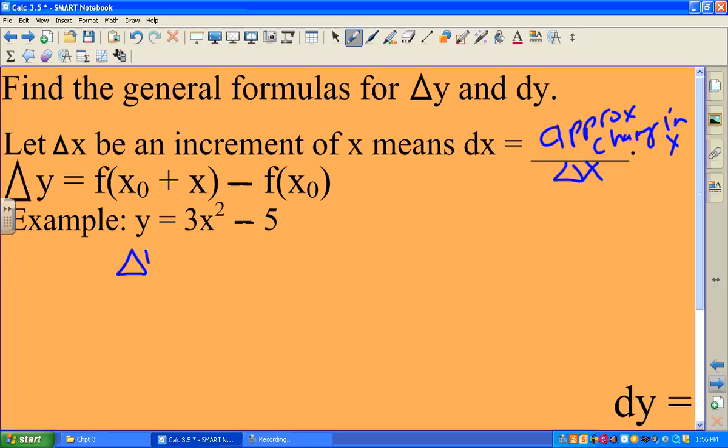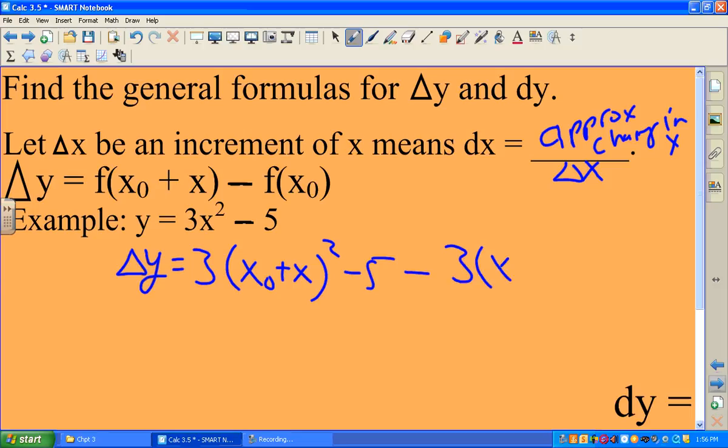So, dy equals 3 times x sub 0 plus delta x squared minus 5, minus 3 x sub 0 squared minus 5. Okay? This is a variable way of finding the change in y for any 2 y values.